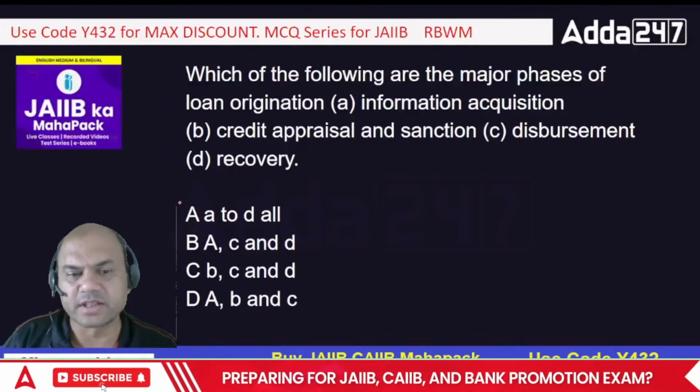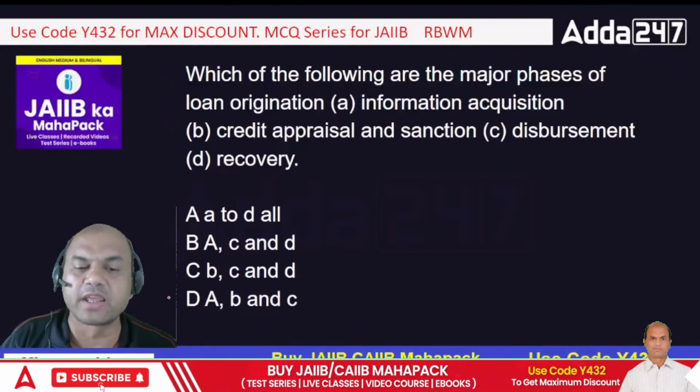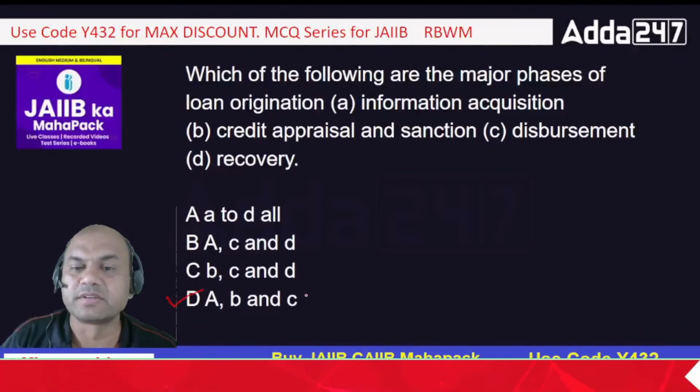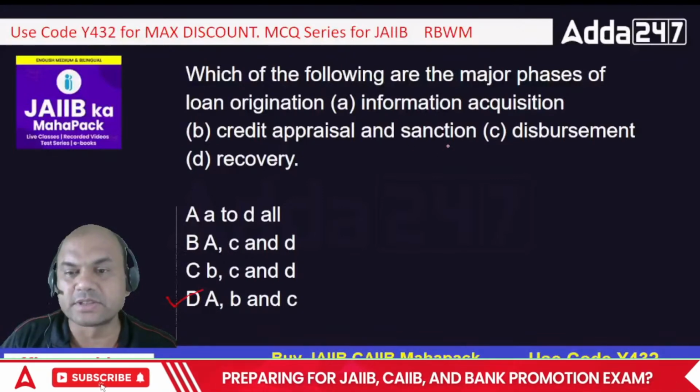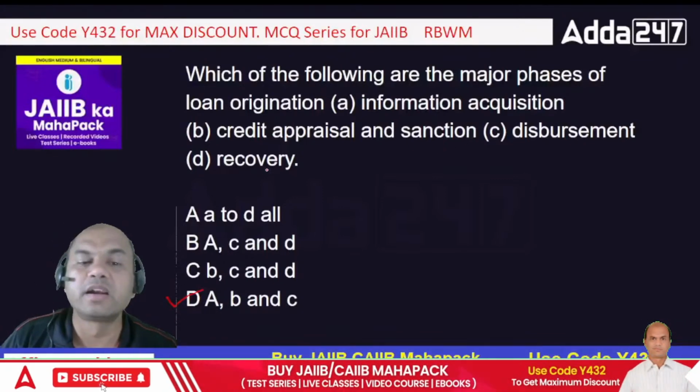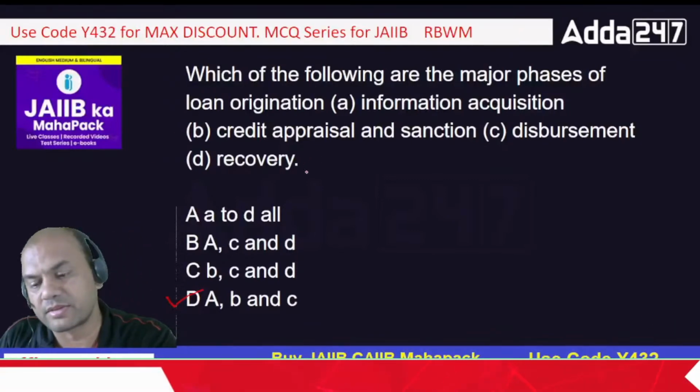Many of them have answered D. The answer is A, B and C. Means information acquisition, credit appraisal and sanction, and disbursement. D is not the part. Recovery is not the part of loan origination. Got it?